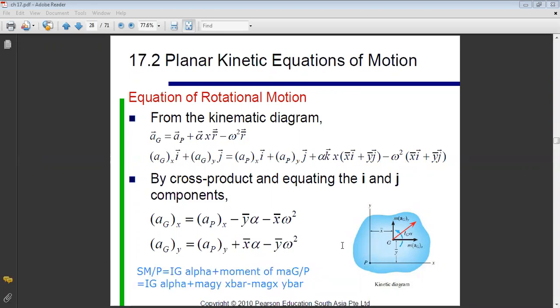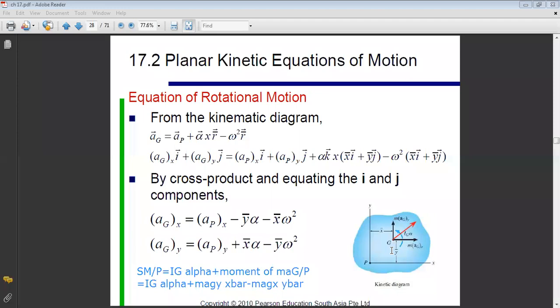Doctor, a question: if the force is passing through the axis of rotation, then its moment is zero? Right, but are any forces passing through the axis of rotation? Are you talking about G or about P? G. Okay, right. When you take moments about G you only have sum of moment about G equals IG alpha.